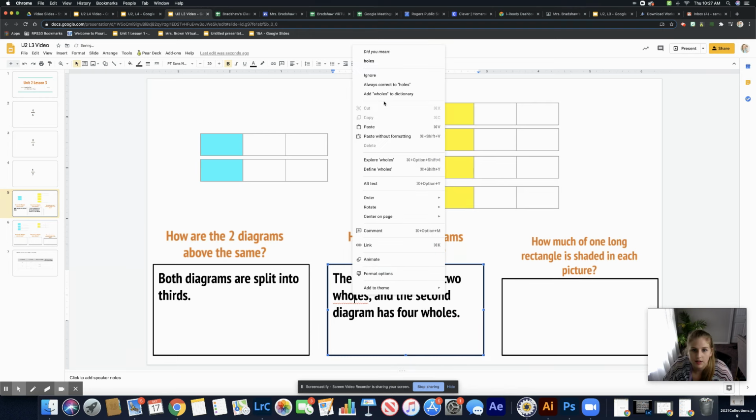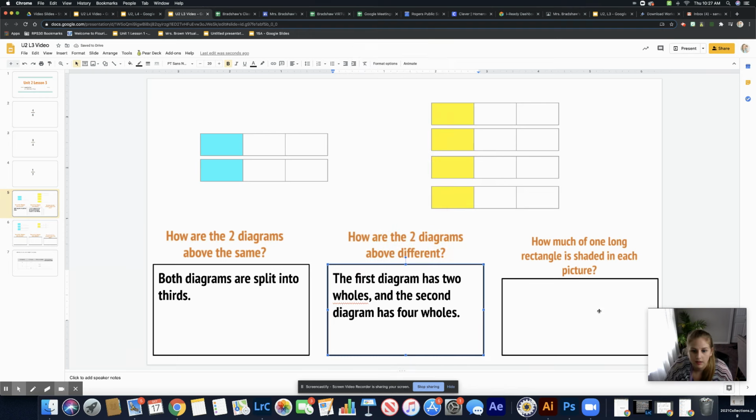And then it wants to know how many parts are shaded per one rectangle. So here's one whole. I have 1 out of 3 parts. So in each rectangle, there is 1/3 shaded in each picture.